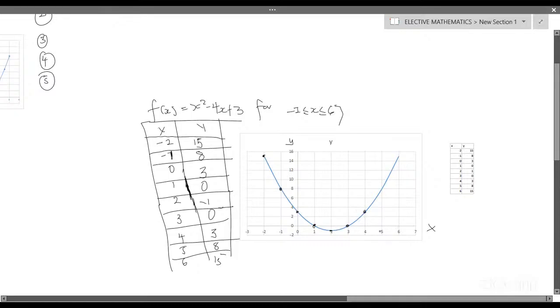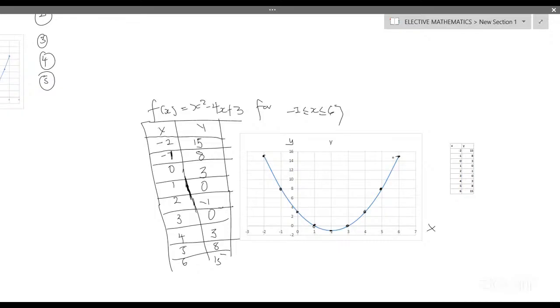When x was 5, it was what? It was 8. Can you see where 8 is? When x was 6, it was 15. Can you see where 15 is? We plot our graph. Then you use your freehand sketch to draw your quadratic curve. Can you see it now? Hello?